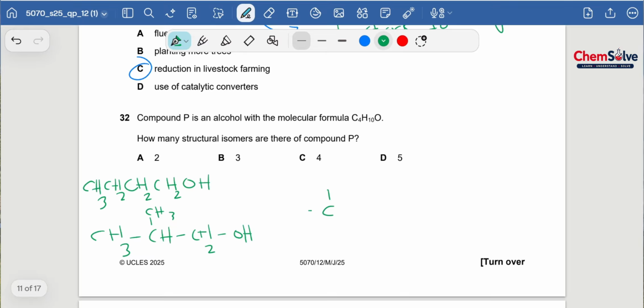Now again changing the position of the carbon and also the alcoholic group. So the third isomer is this. Okay, now if I keep the chain of the carbon the same but change the position of the hydroxyl group, a fourth option could be like this.